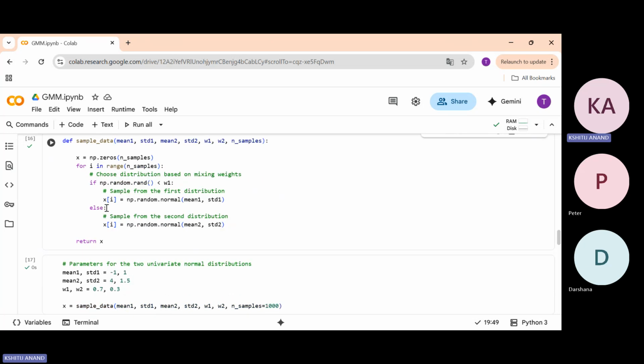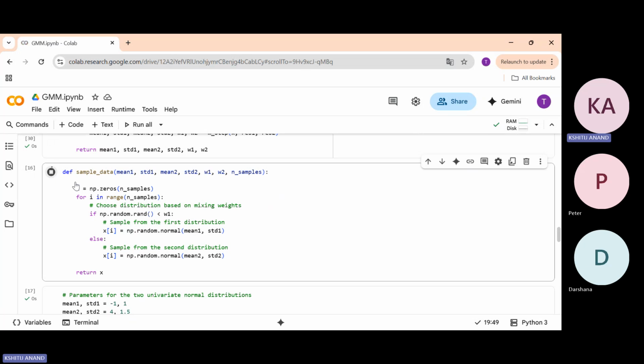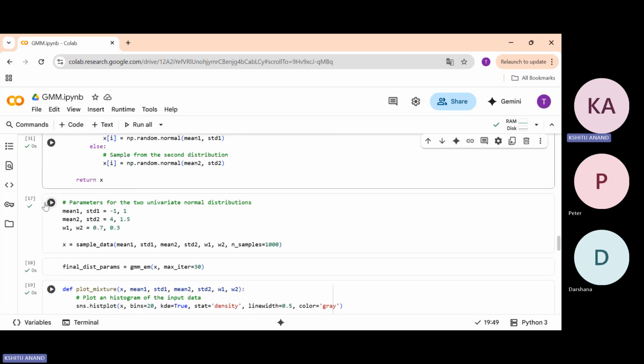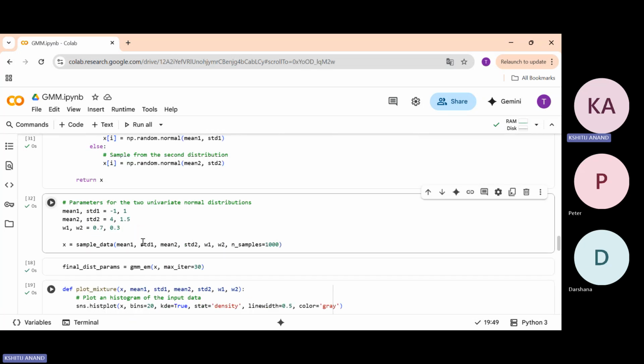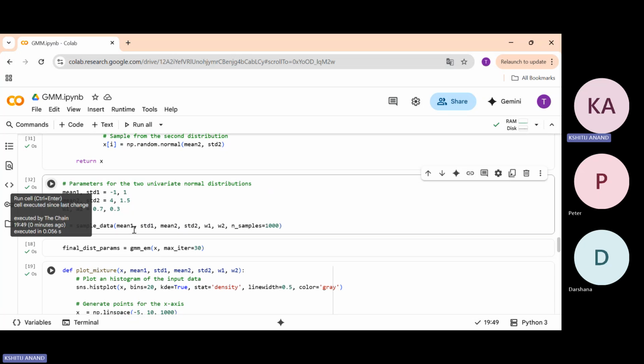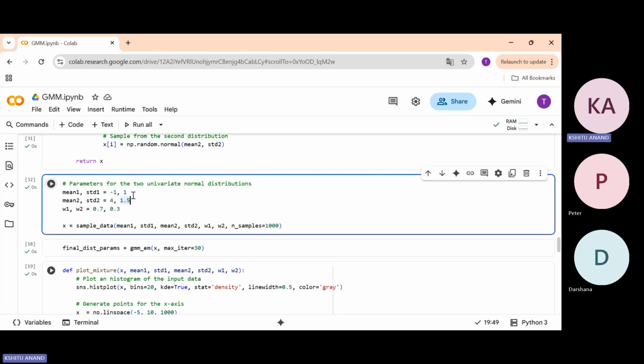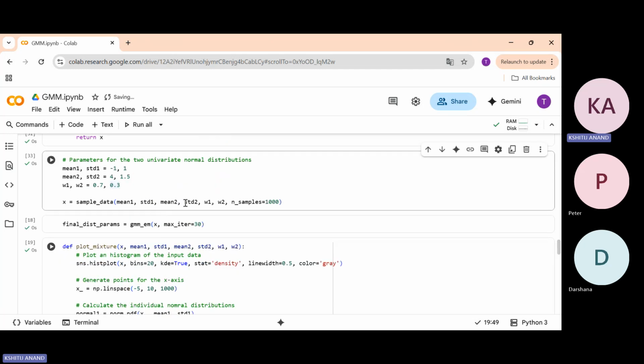Here we are taking a sample data. The mean is minus 1 and 1 for the first and second components, and these are the weights. Now we will generate our sample data. This sample data will be passed through our EM process.